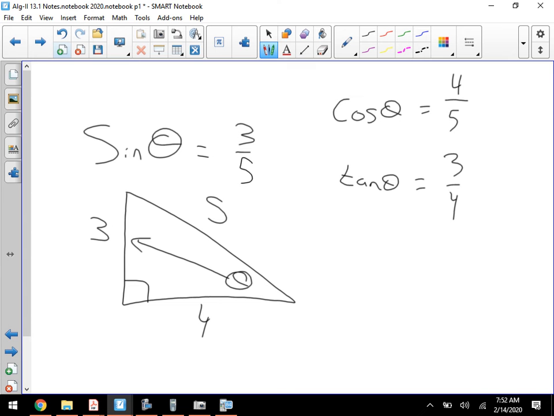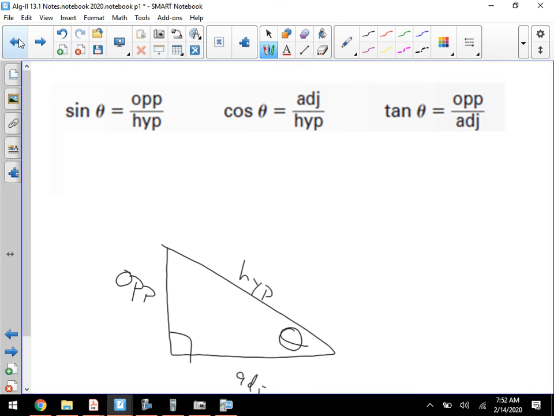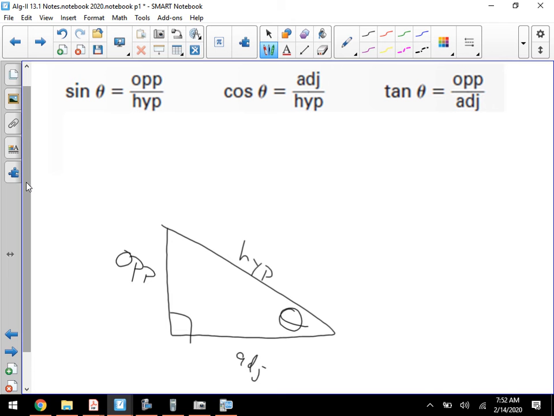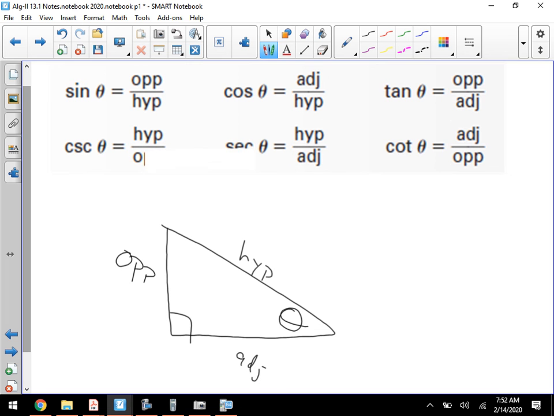Now, what's going to happen here today is I'm going to show you guys that there are more than the 3 trig functions. You guys are accustomed to sine, cosine, and tangent. But guess what? There's more. I'm gonna double your trig knowledge. Wow. These are what we call reciprocal trig functions.